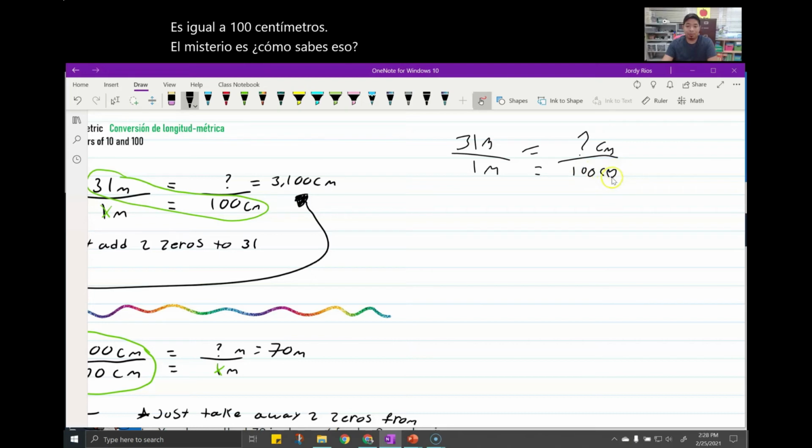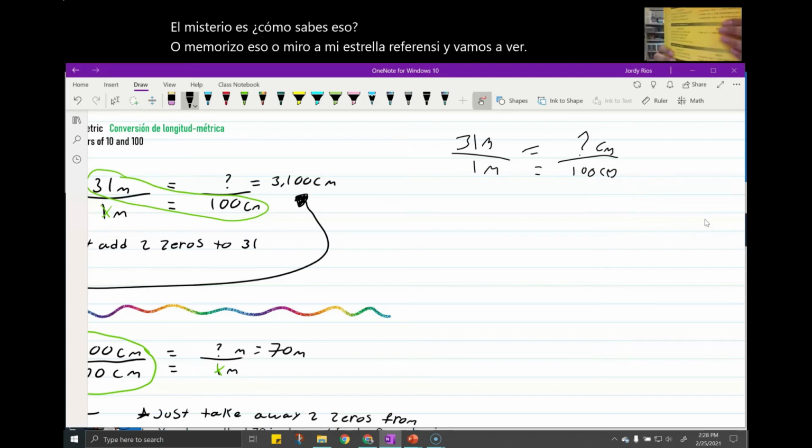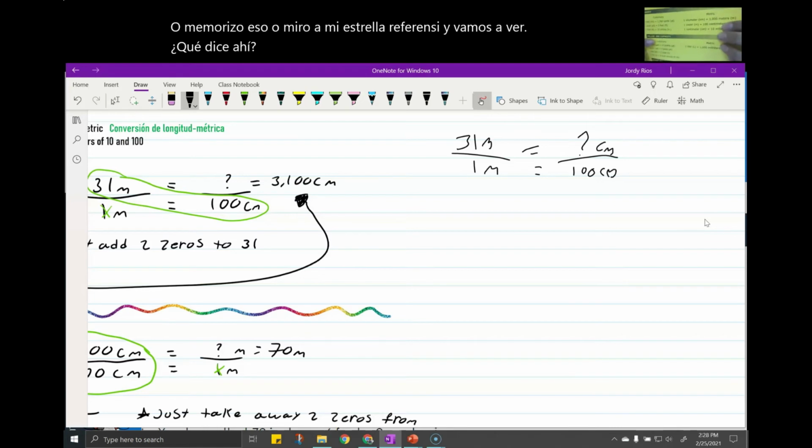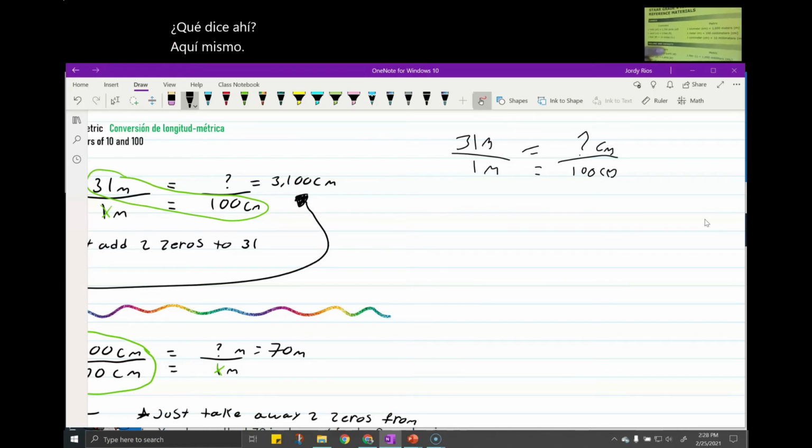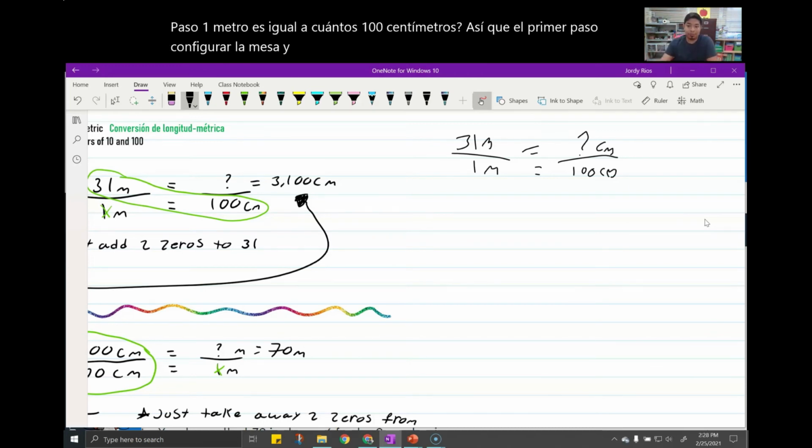Well, I either memorized that or I looked at my STAR reference sheet. And let's see. What does it say right there? Right here. In the middle. It's there. 1 meter equals how many? 100 centimeters. Okay? So step 1, set up the table, and what am I looking for? I'm looking for centimeters. Okay?